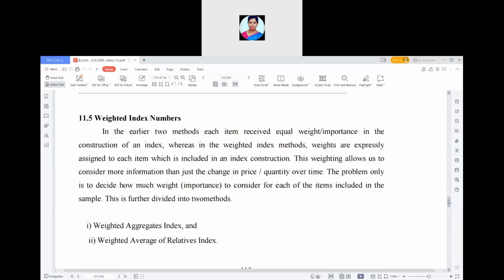As we discussed earlier, with unweighted indices it is possible to get different results by changing the implicit weighting, so it is far from realistic in most cases. Here, as in the unweighted index number, we have two types: one is the weighted aggregate index and the other is the weighted average of relatives index. These are the two main divisions we have.